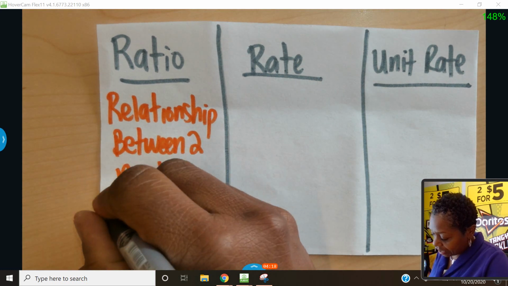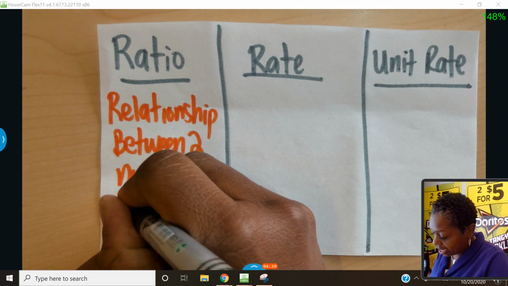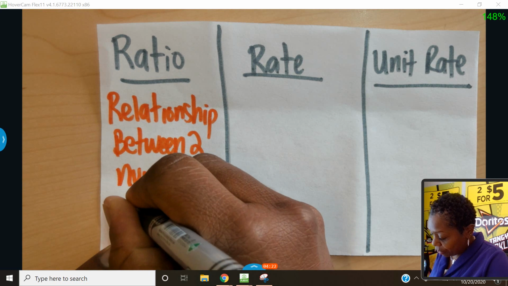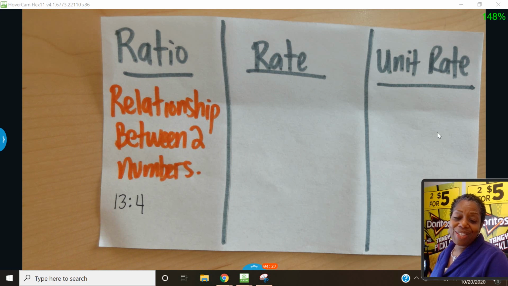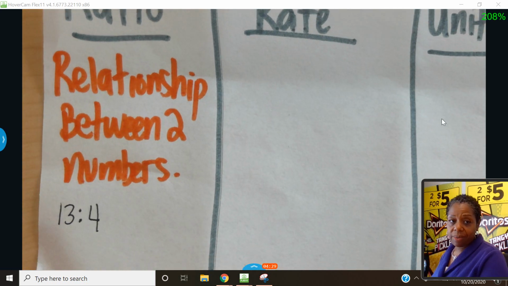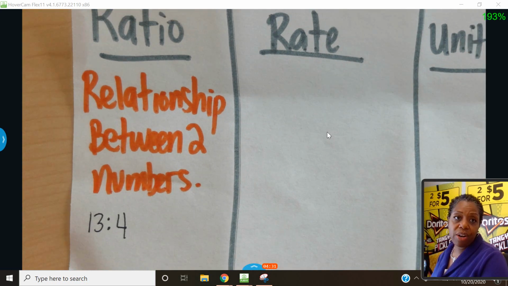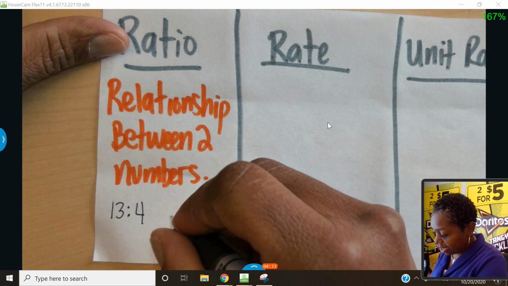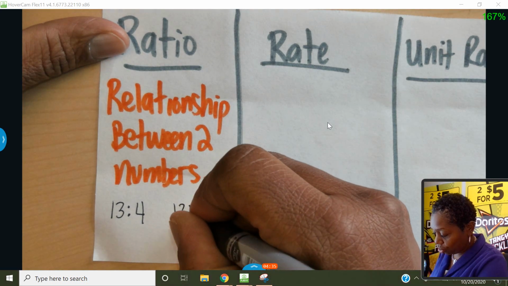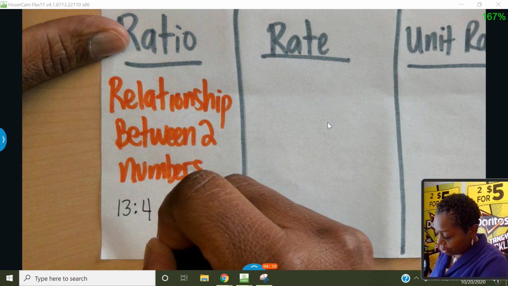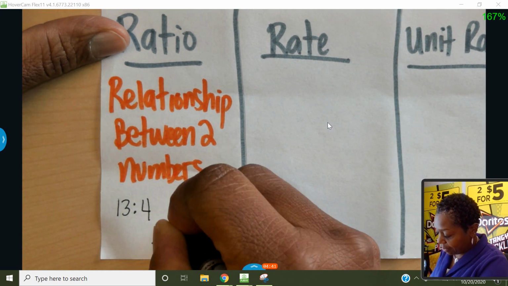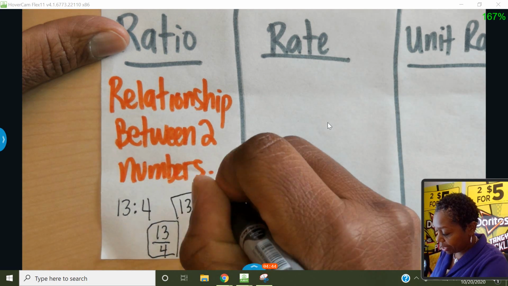But if not, such as 13 to 4. You can also rewrite that using words, right? And if you want to use words to represent that, you can just simply say 13 to 4. And as a fraction, it will be 13 over 4. 3 different ways that you can represent ratios.